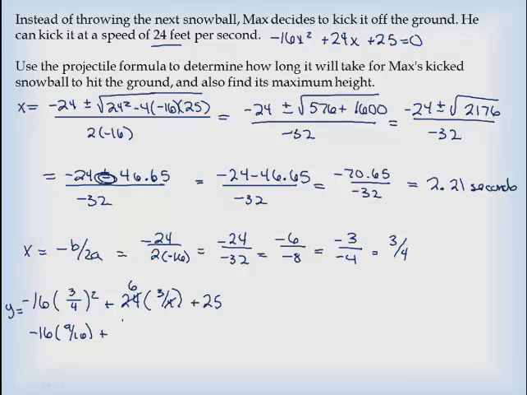So 6 times 3 is 18 plus 25. 16 goes into 16 once. So that'll be negative 9 plus 18 plus 25, which will be 9 plus 25, which will be 34 feet. So as you can see, when he kicked it, it went further because it traveled for longer, and it got higher because it went 34 feet.